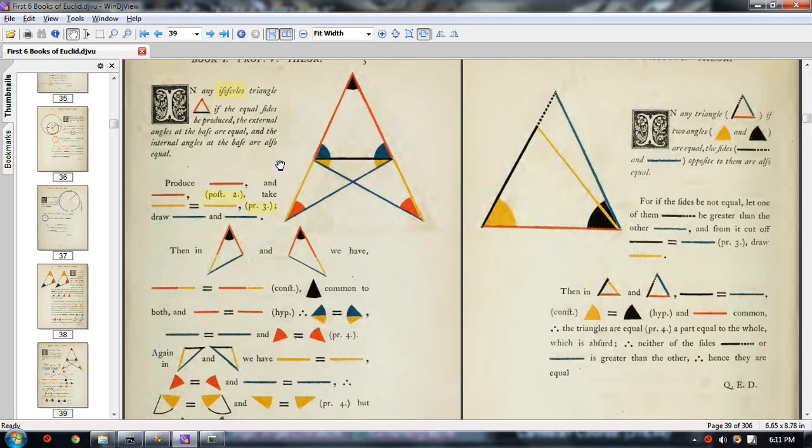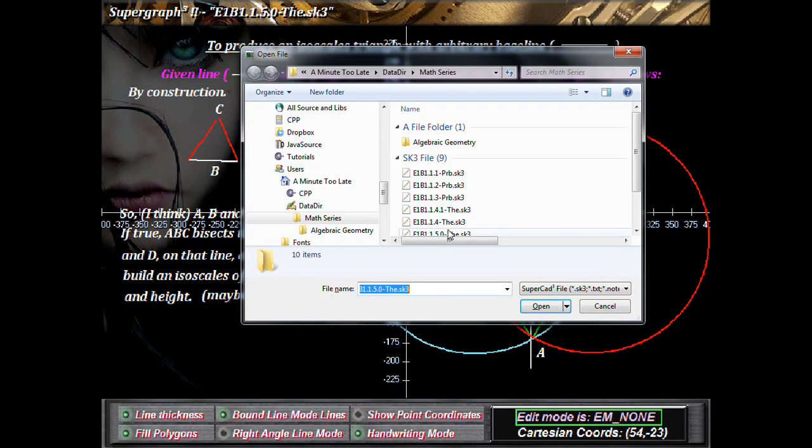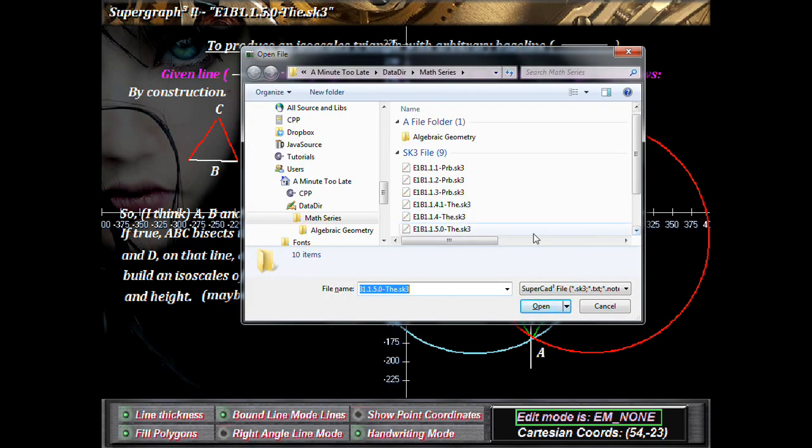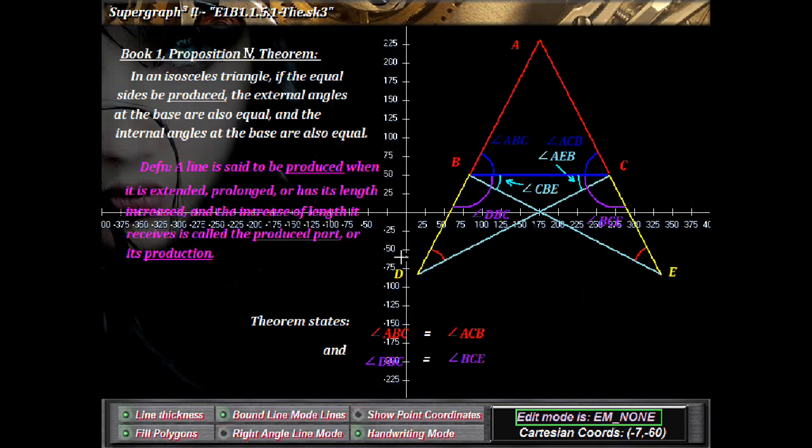So I would say that it appears to me as though problem 3 is not really required.